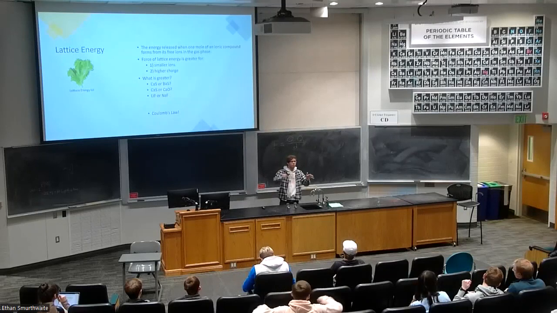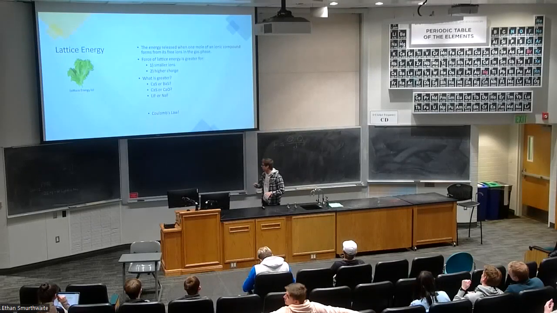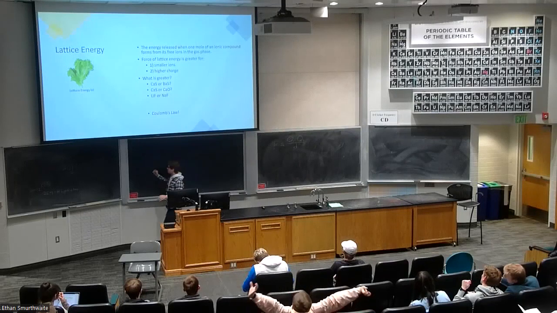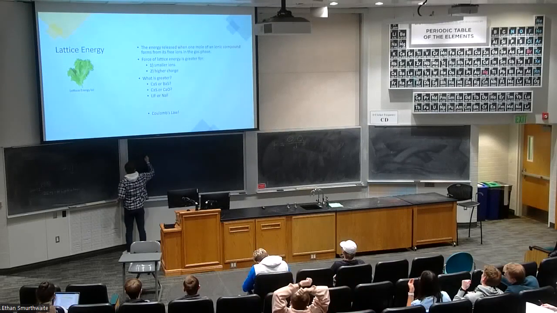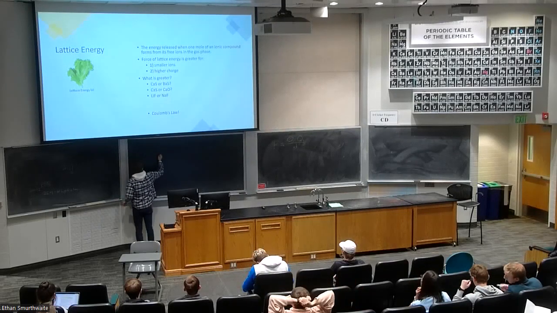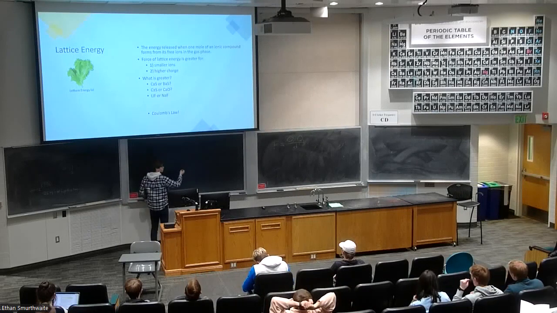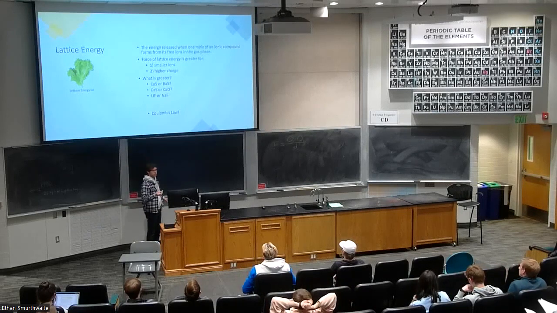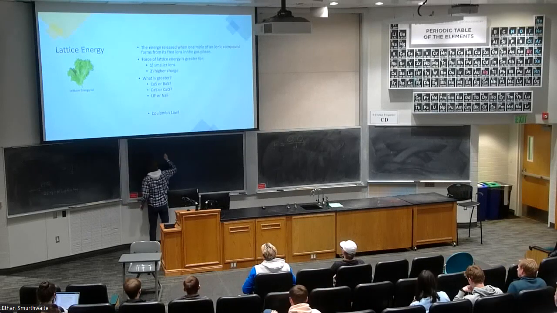There's a practice problem on the practice exam that has you rank the lattice energy of like 4 different ionic compounds. I think the ones it gives you are like MgF2, KF, NaF, and calcium fluoride.